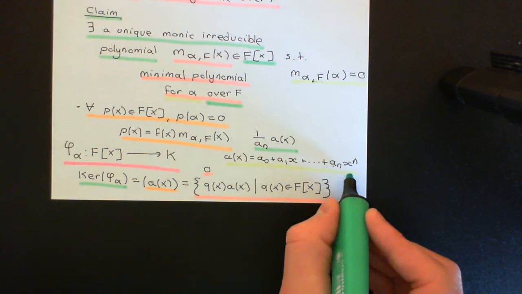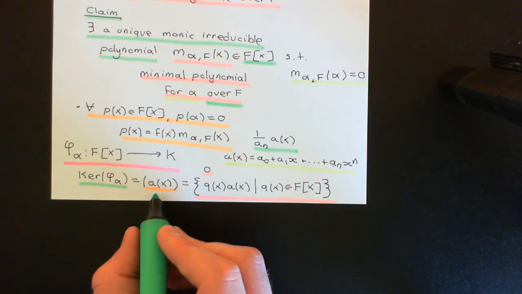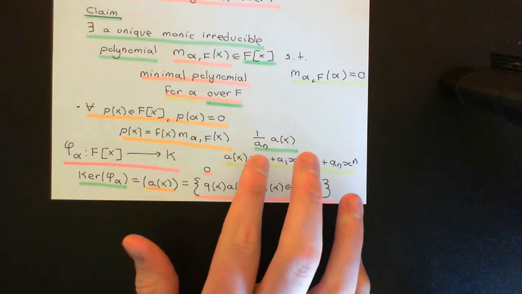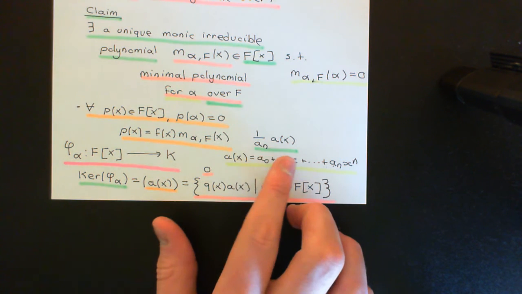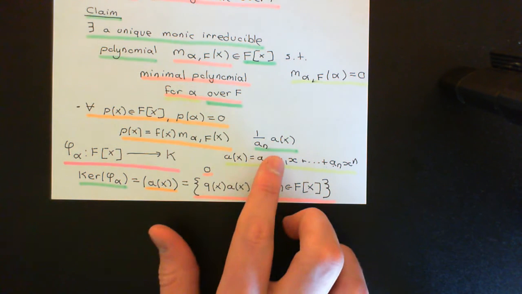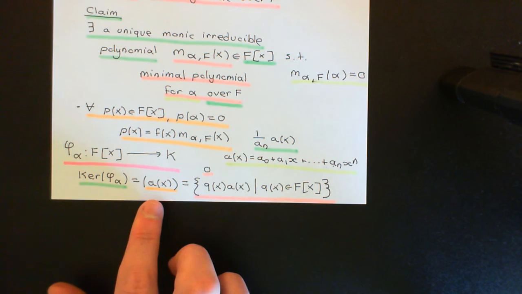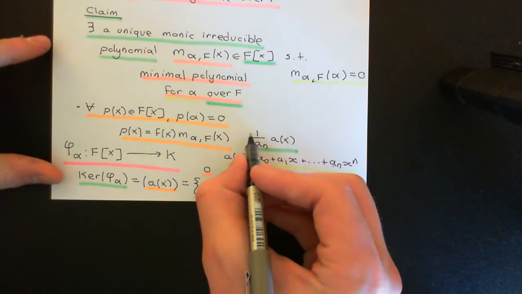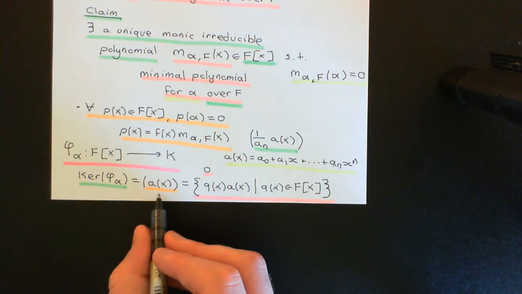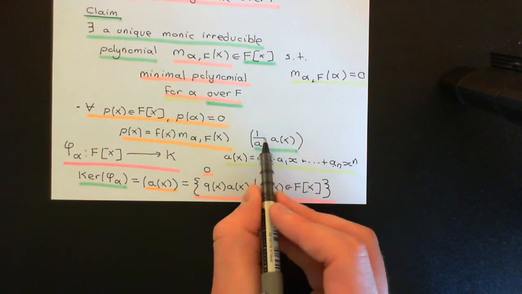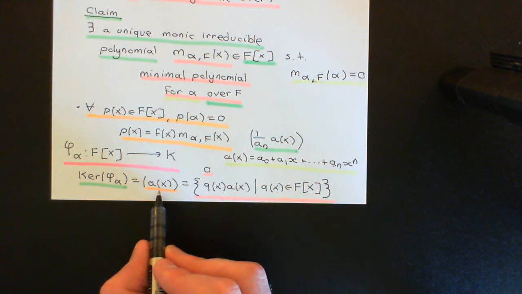So we've now got a monic polynomial of minimal degree, and I claim that it will be in this principal ideal generated by a of x, because it is just a multiple of a of x. But I also claim that we can use that polynomial to actually generate this principal ideal. If you use that instead, it will generate the exact same principal ideal, because this is just an associate of this one.